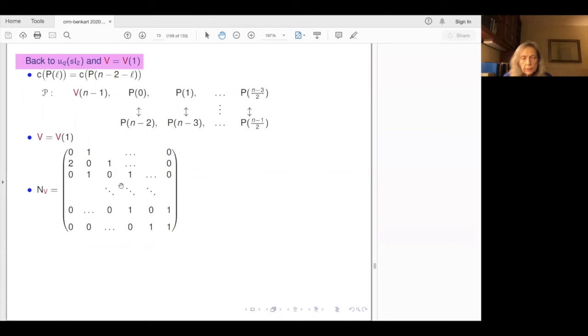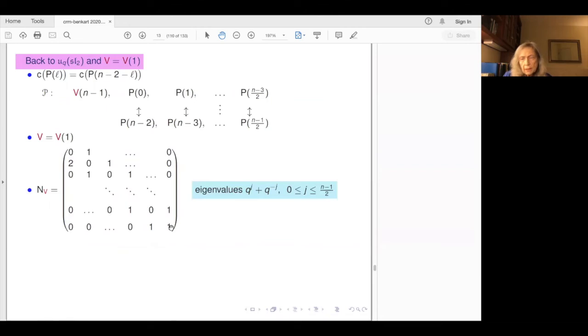And I just keep going. It's very much like the Clebsch-Gordan formula. But when I get to the end, when I tensor this (n-3)/2, 1, I get the one to the left and the one to the right. But the one to the right is the one below, which is the one above. Okay, so that accounts for this last row. I got the one to the left and itself. So this would be the analog of the fusion matrix in this UqSL2 setting.